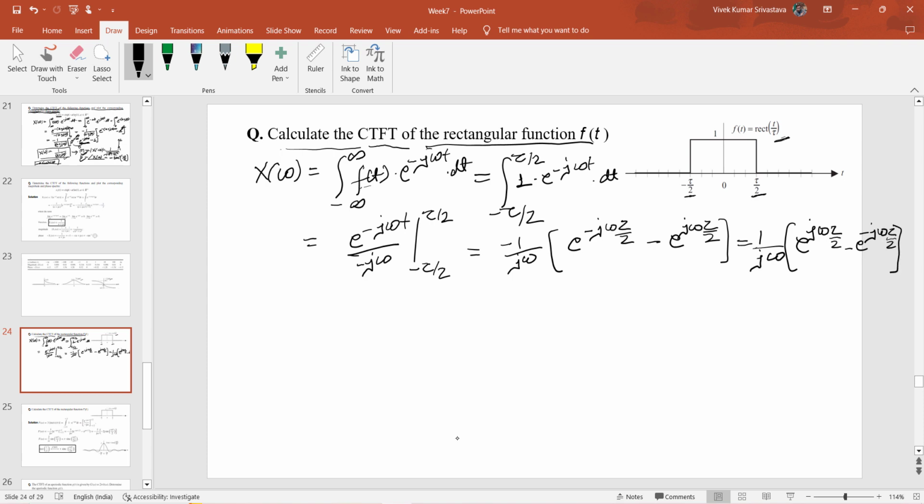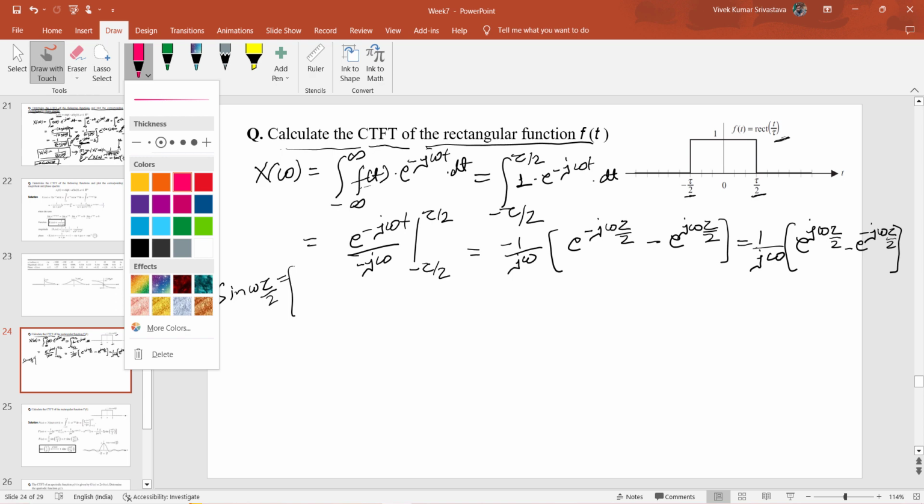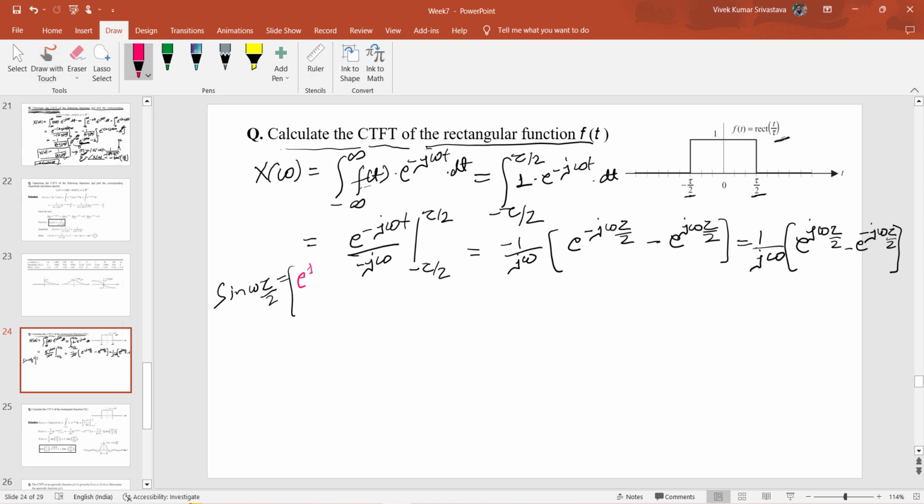So now, as you know, sine of omega tau by 2 is represented as e raised to the power j omega tau by 2 minus e raised to the power minus j omega tau by 2, divided by 2j.